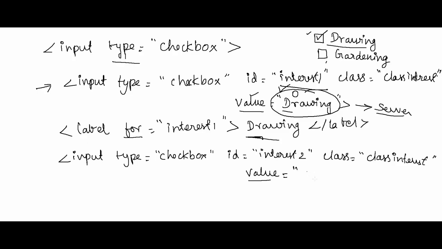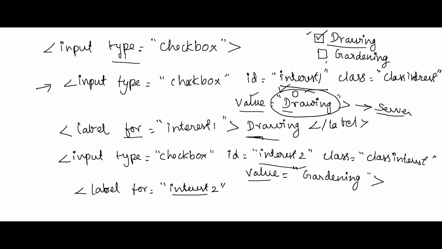So my second checkbox is gardening. Close the input box. It is a single tag. Okay, input is a single tag. Next, we want to give a label, right? So label for which checkbox? This interest 2. So in double quotes we want to give interest 2.